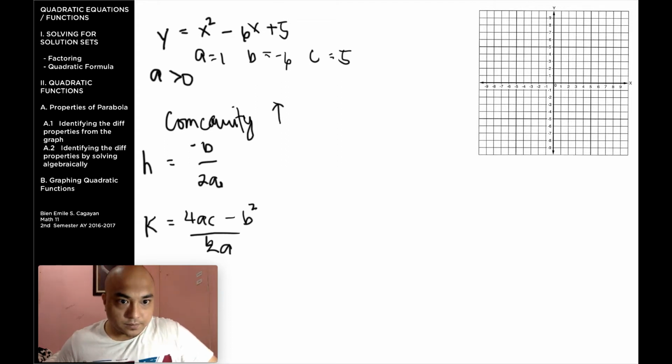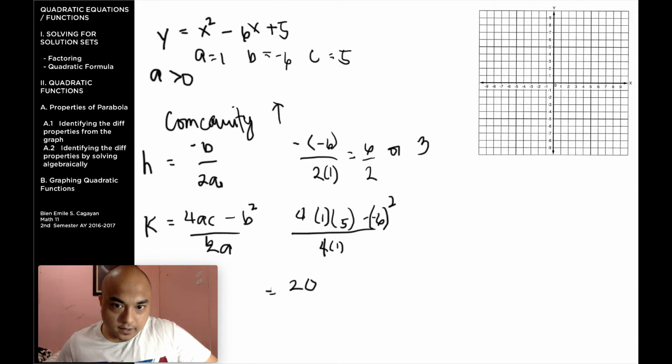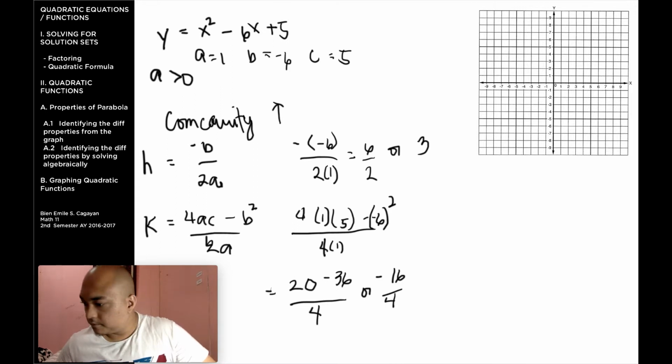So we just substitute the values. h is negative negative 6 over 2 times 1, equals 6 divided by 2, or 3. k is 4 times 1 times 5 minus negative 6 squared over 4 times 1, which is equal to 20 minus 36 over 4, or negative 16 over 4, or negative 4.